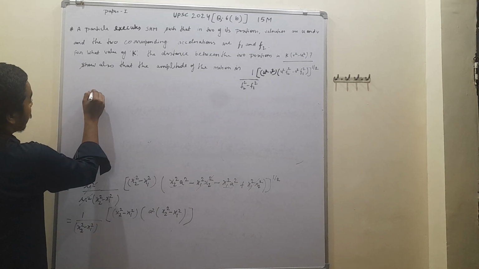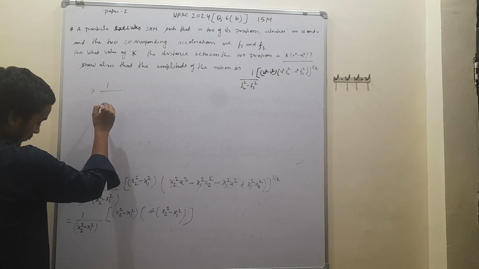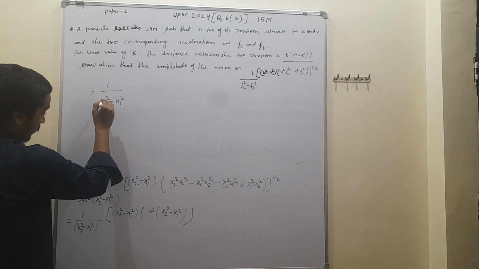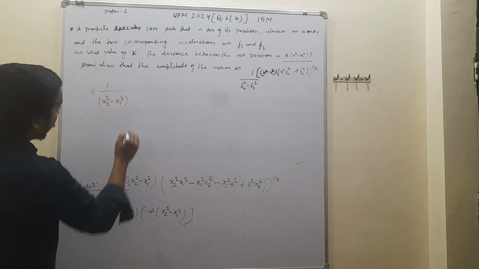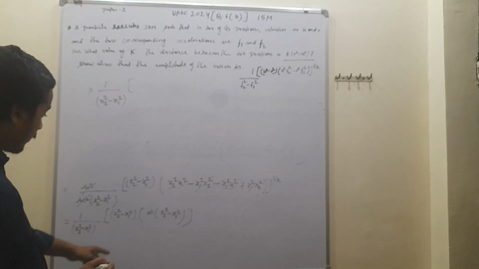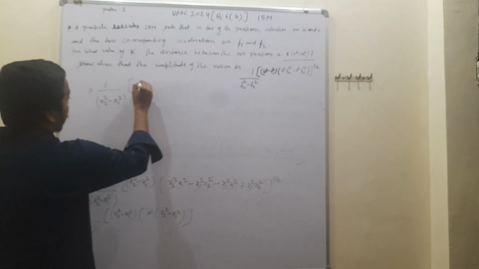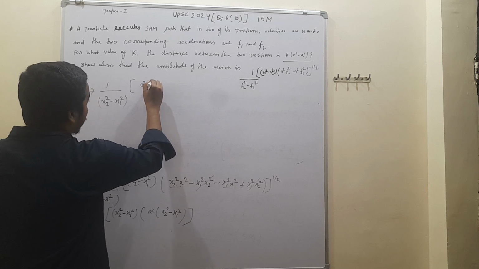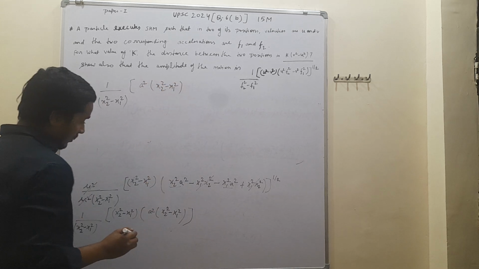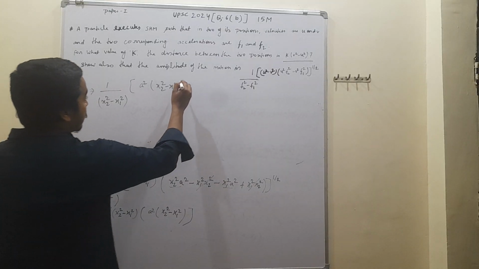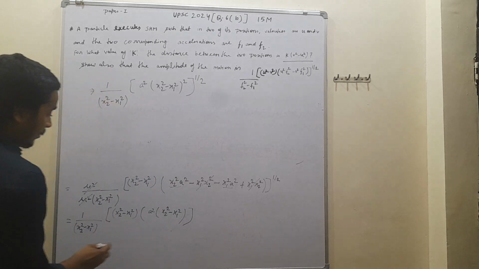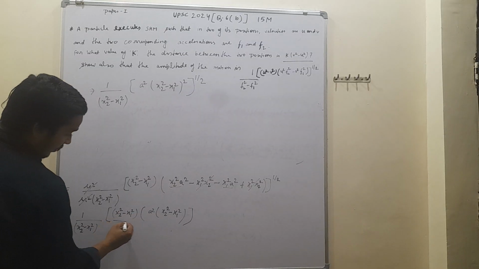From here, 1 upon (x2 square minus x1 square) and a square (x2 square minus x1 square), total is whole square and 1 by 2 multiplied both terms.